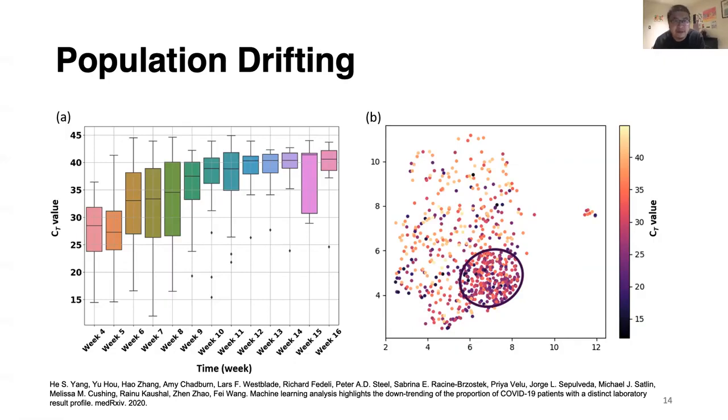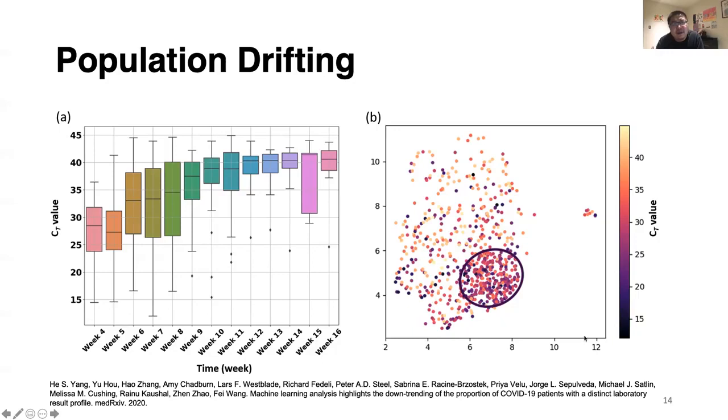A lower CT value indicates a higher viral load, which some studies suggest may cause a more severe clinical outcome later on.